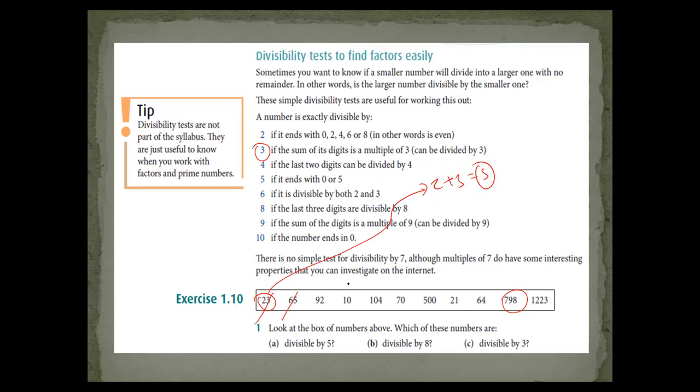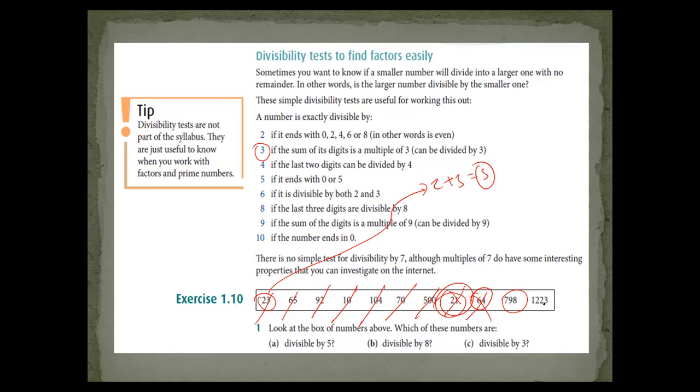And 1, 5, 7, 5, 3, it's a multiple of 3. That's why it's divisible by 3 without remainder. And 10 is not divisible by 3. And here, 24 is a multiple of 3. That's why it's also divisible by 3 without remainder.